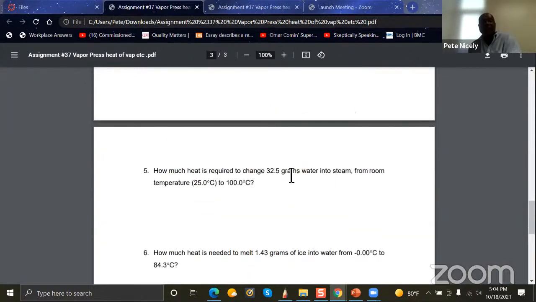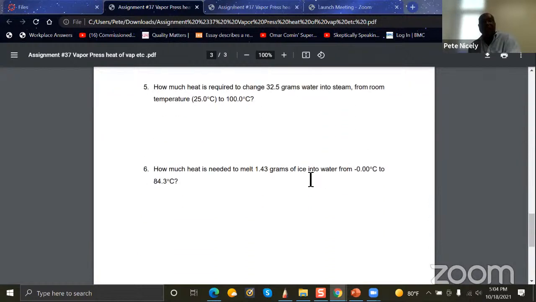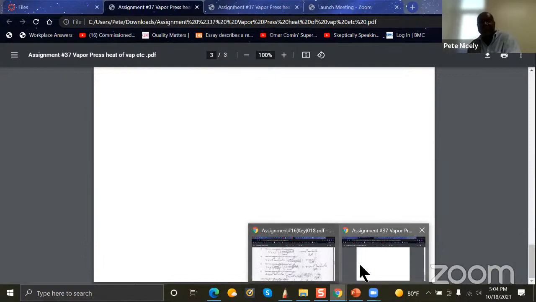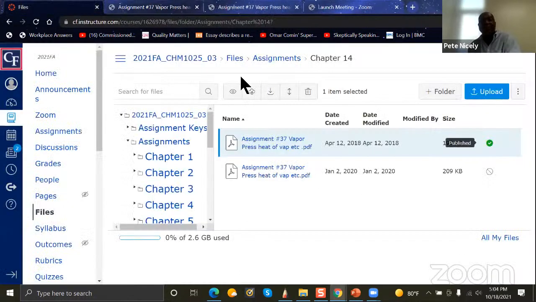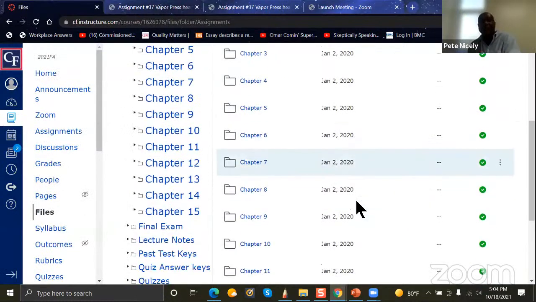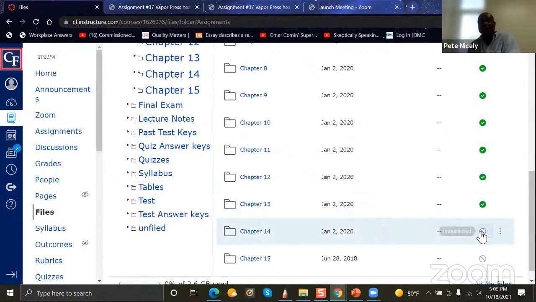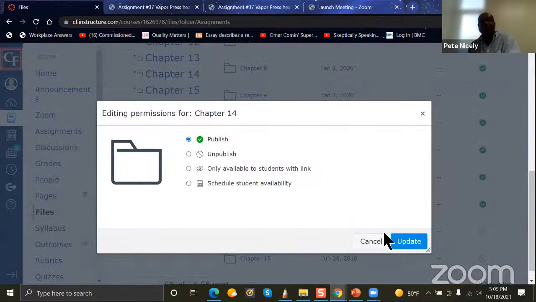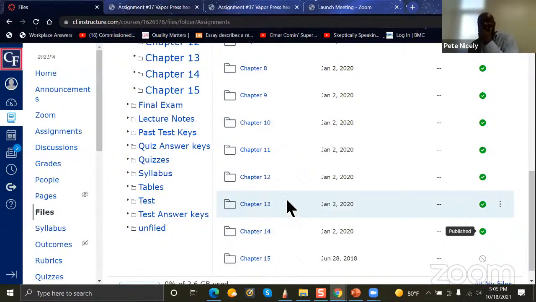Okay. So this is it. So you should be able to do that assignment. So let me make sure that the folder itself would be visible to you, chapter 14 folder. I'm going to publish it now. So now you should be able to access it, right? So you should be able to do that assignment.